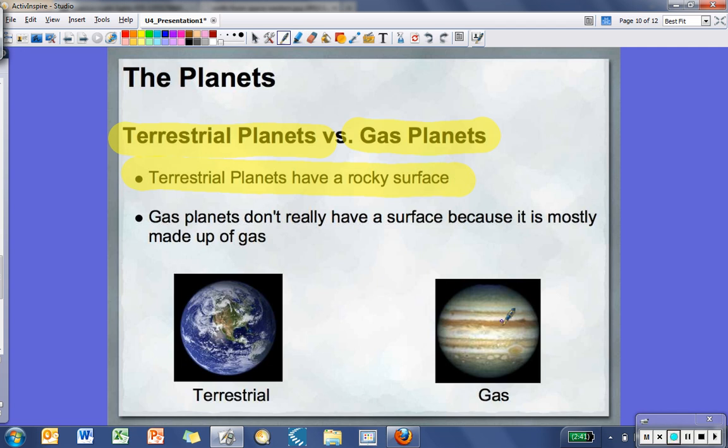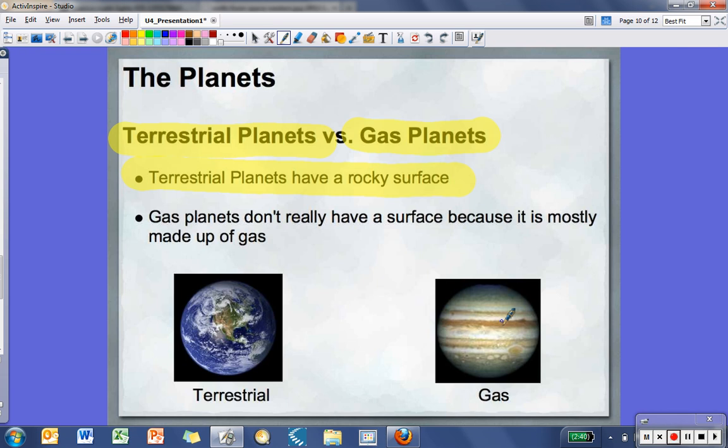If you were to try and touch it, and I'm not saying that you can, it would feel like touching through air, like when you wave your hand. It just has a color to it, just like our Earth has color, but it's basically full-on gas. Our planet is a terrestrial planet because you can actually walk on it. We have rocks, anything that's rocky.